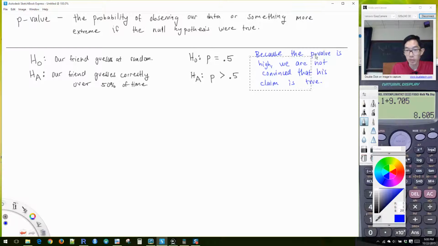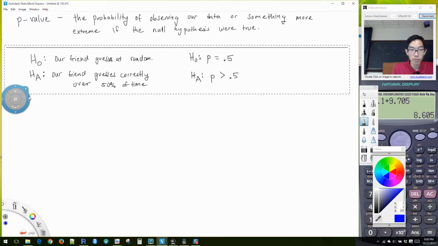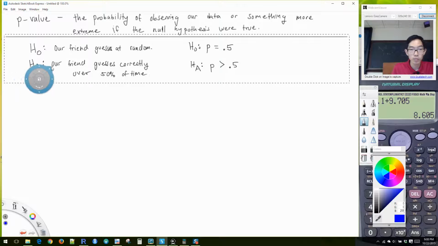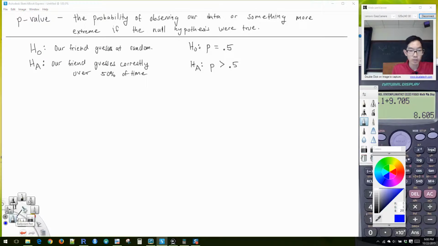Let me get rid of this conclusion here. Okay, so in the second scenario, it's exactly the same thing. Our friend says, I can predict coin flips, I'm really good at it. And the only difference here is now our data has 100 flips, and he's 70 correct.